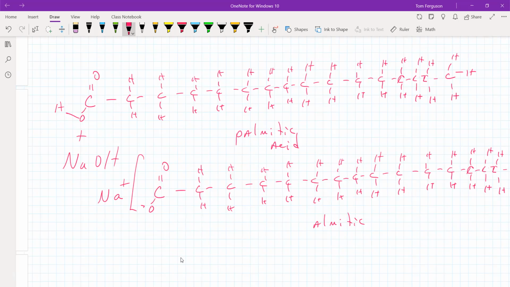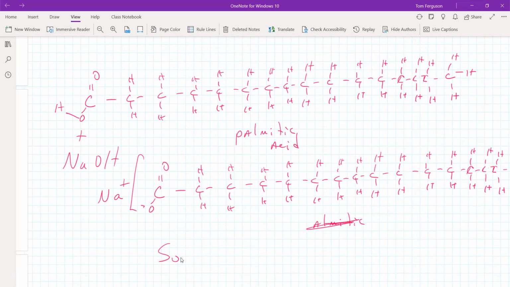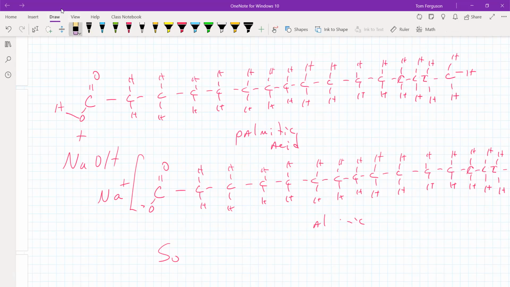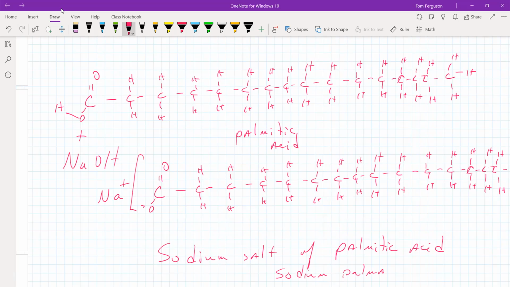Okay, so this is called either the sodium salt of palmitic acid or sodium palmitate.